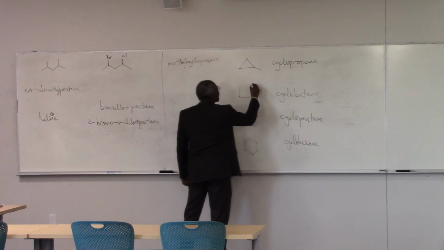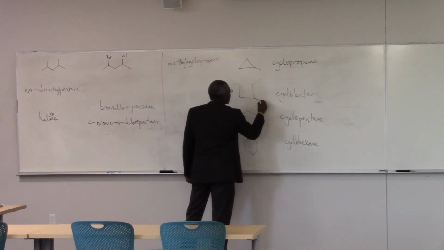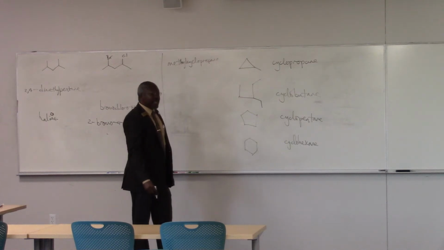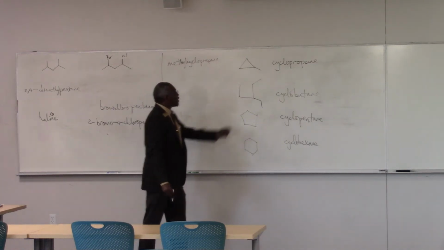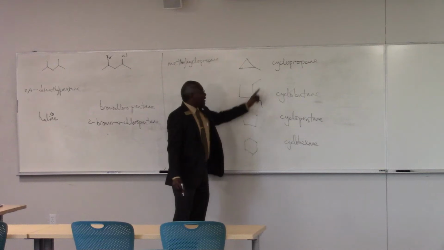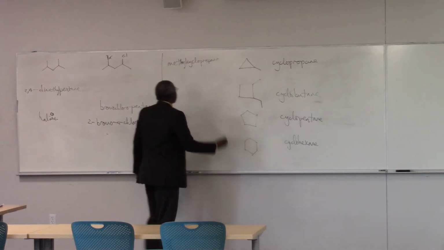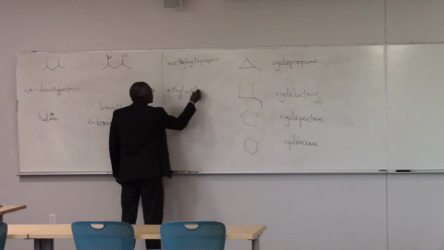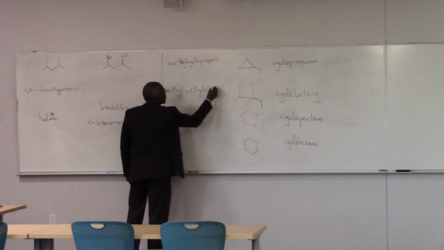But what if I had something like this? What if I had something like that? Well, that's a cyclobutane, but it's got a methyl group and an ethyl group. So this is an ethyl, methyl cyclobutane.